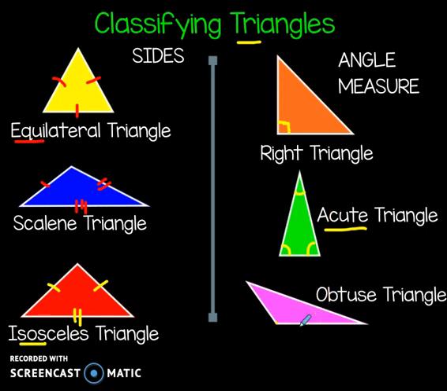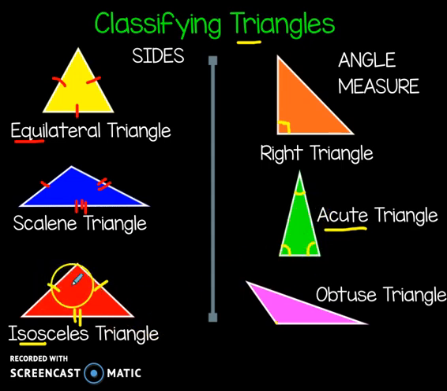Now you might notice that some of these triangles can be both. If I look at, say, this acute triangle here, look at this side and this side. Does it remind you of one of these triangles over here? This side is the same, this side is the same, this one's shorter.